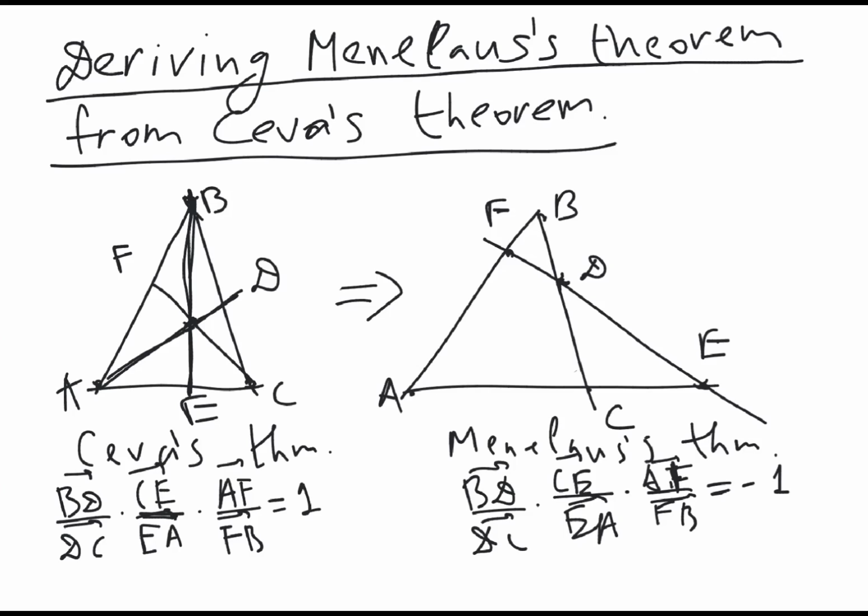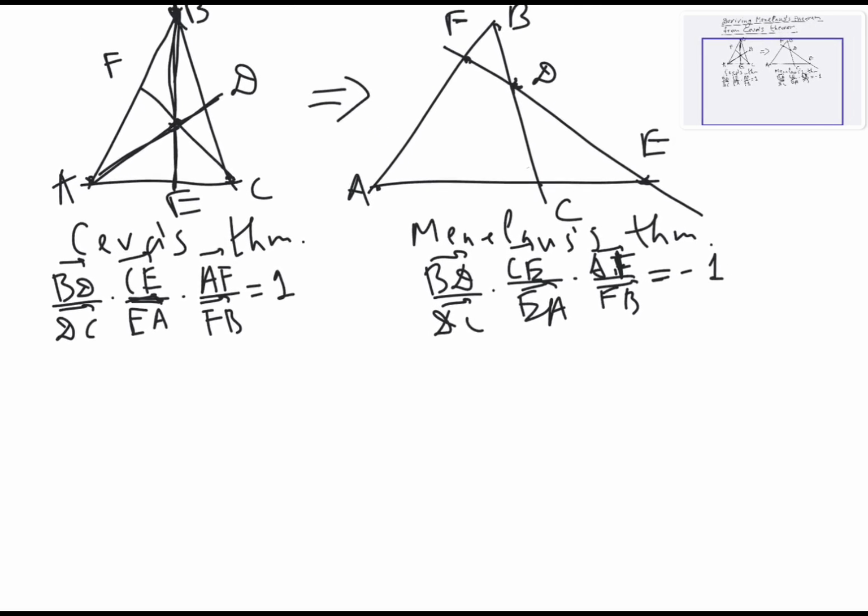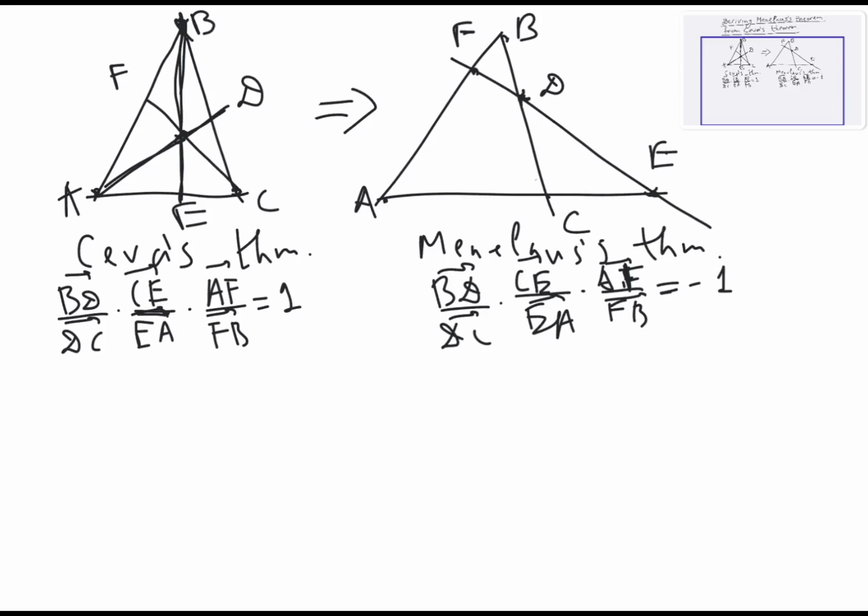So when we derived Ceva's from Menelaus, we wrote the Menelaus theorem for 2 triangles, and here we are going to write the Ceva's theorem for 6 triangles. So this is a more complicated case.